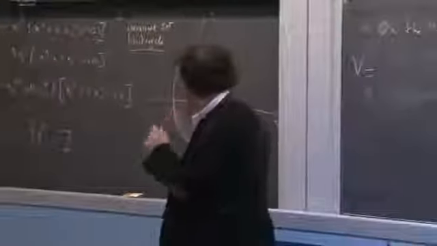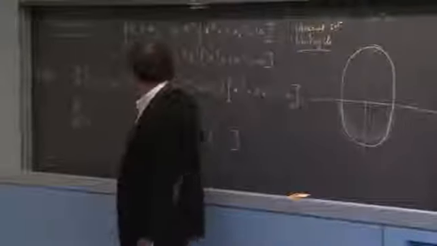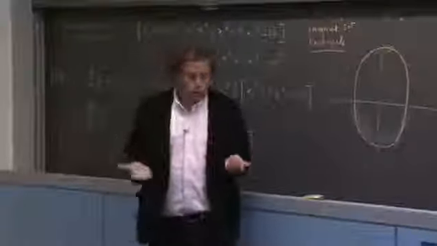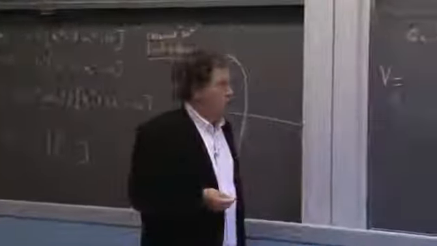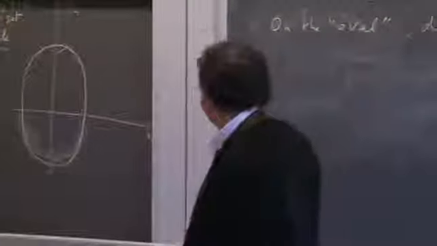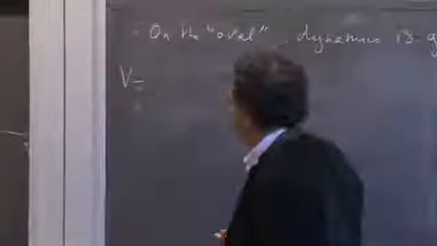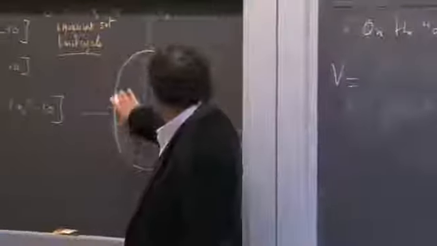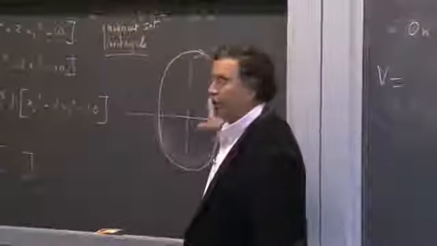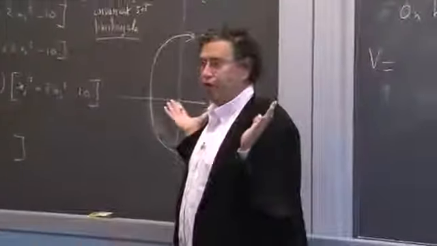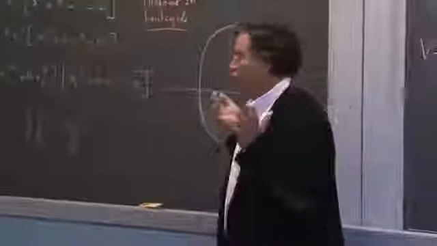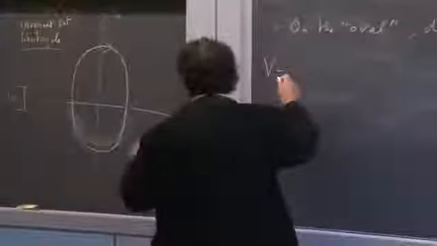Okay? So here you can think a little, but in a sense, this computation suggests that perhaps a good candidate would be to take a V which is 0 on this limit cycle and positive everywhere else. Okay, and this is a guess.